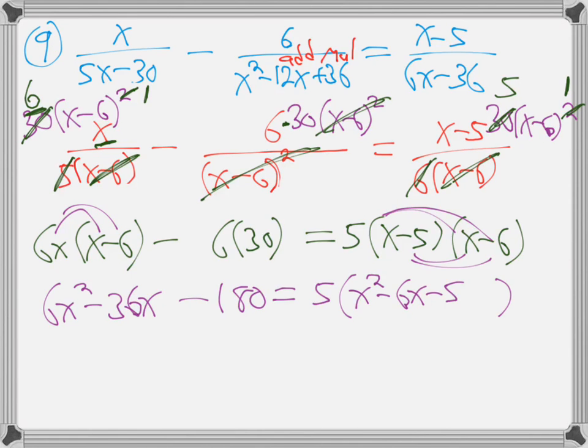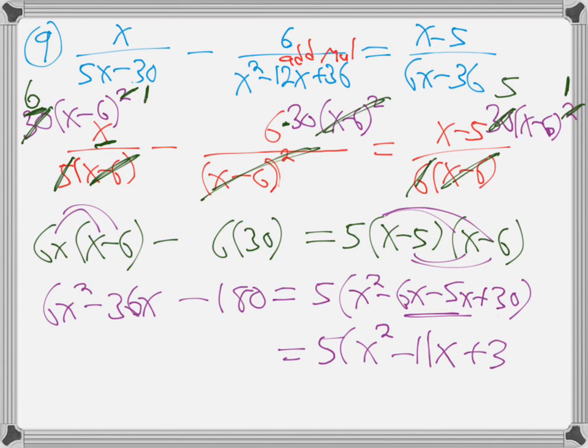And then boom, boom. Minus 5x. Plus 30. Gather like terms. Minus 6x minus 5x is minus 11x. Yeah, this is a long and difficult problem.